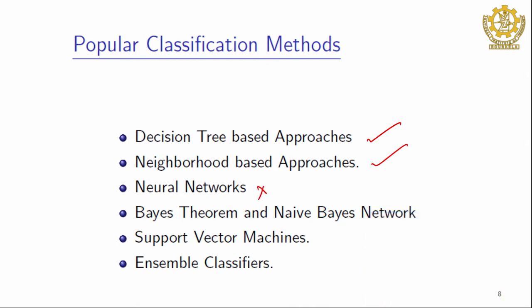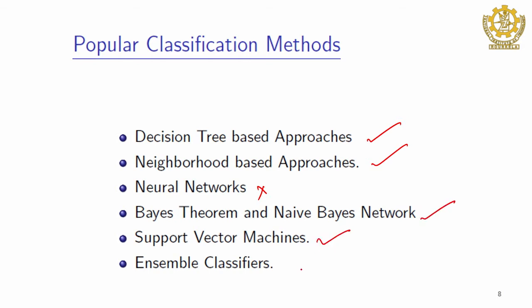That will not be covered in this class, but in the next semester's machine learning course. Then the Bayes classifier, the support vector machine, and finally we conclude the classification task with ensemble of classifiers. We will spend substantial time on this, at least 10 to 12 classes for the classification model.